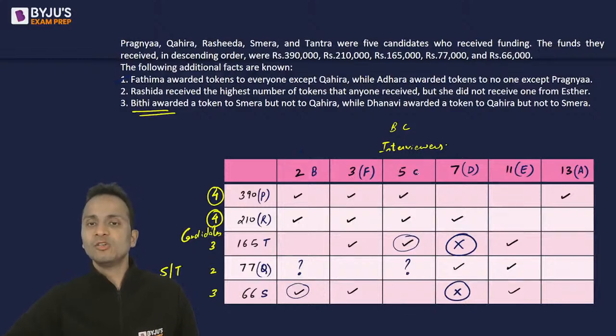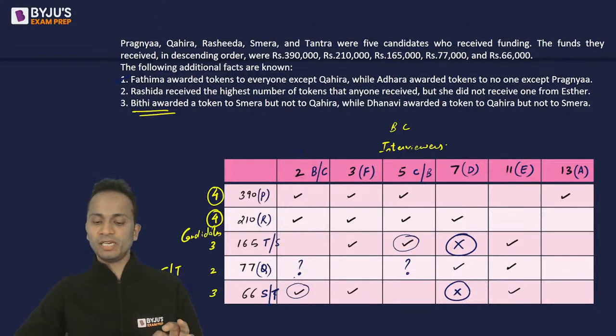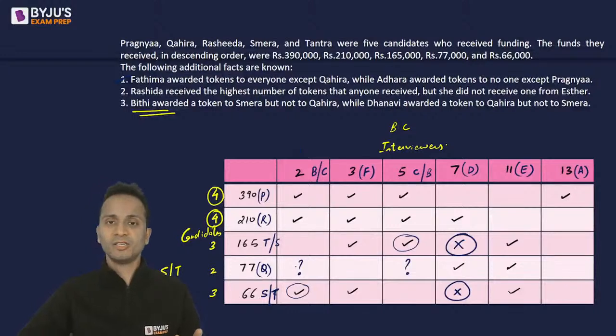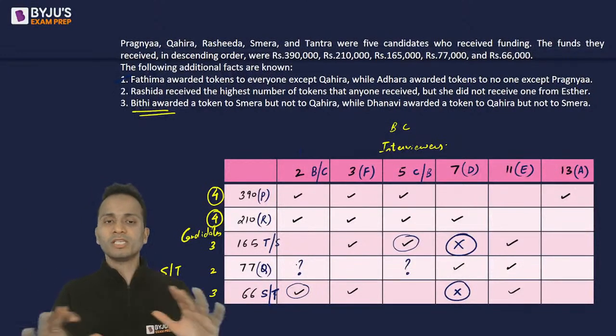And C will be with token number 5, or vice versa. So B or C, C or B, then T or S, S or T. So we have different possibilities for this one. So there are a total of 2 possibilities here. Okay, and that's it. The work is done.